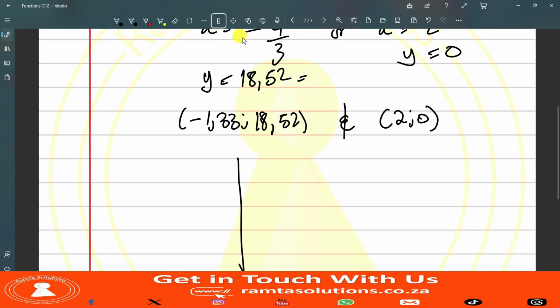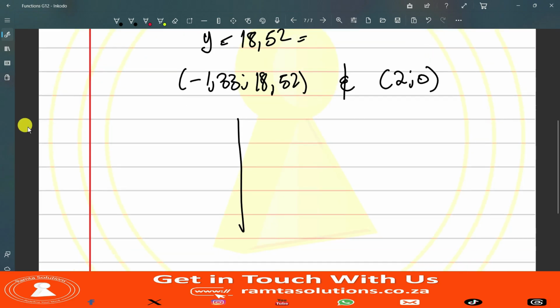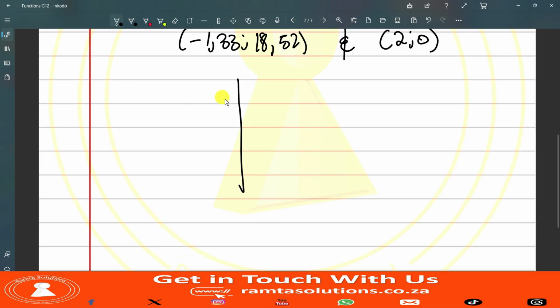The y-intercept was 12. So let me just say somewhere 12 is here. And then, I'm going to say 18, and I'm going to say 12 somewhere there. And then, yeah, now that's better.